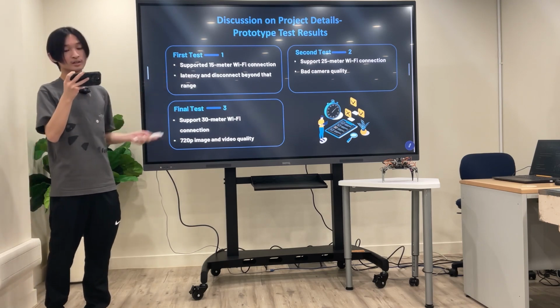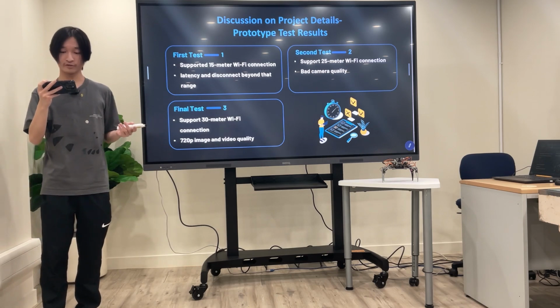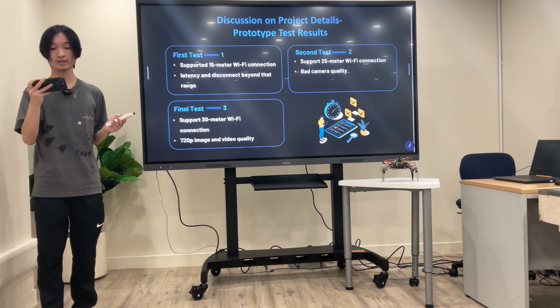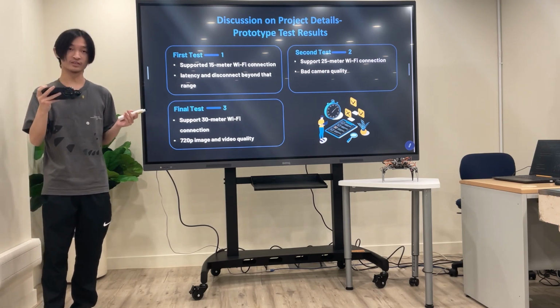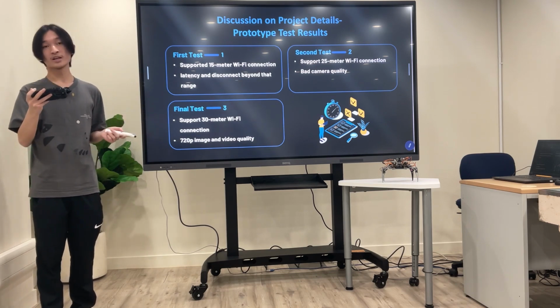In the first test, we tested the robot's Wi-Fi connections. The performance was satisfactory, and the Wi-Fi connection was stable within a 15-meter range. But the robot experienced noticeable latency and disconnection issues beyond that range.